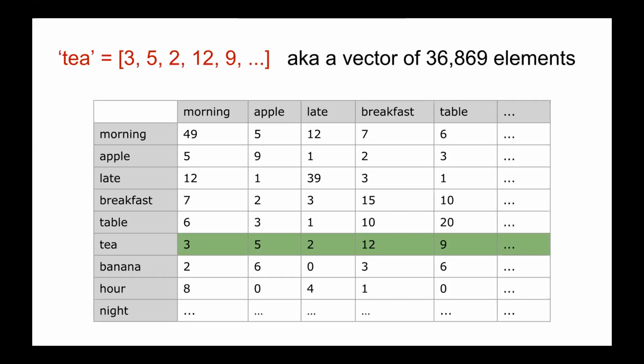And interestingly enough, if you compare this vector to, say, hour, they will be quite distant apart one from another. And if you compare tea to, say, coffee, they will be very similar. And that's what distributional semantics can do for you. It retains the information about the context, and it retains the information about the semantics of the words.